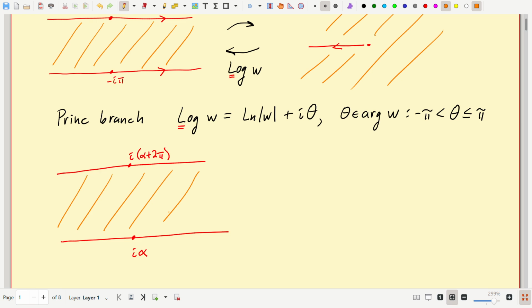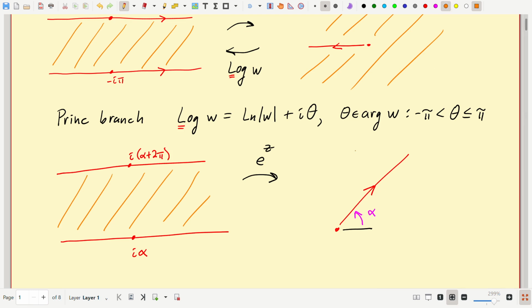Instead of having the branch cut going out the negative real axis, the branch cut now would be sailing out at angle alpha. If this is the real axis, this angle would be angle alpha.